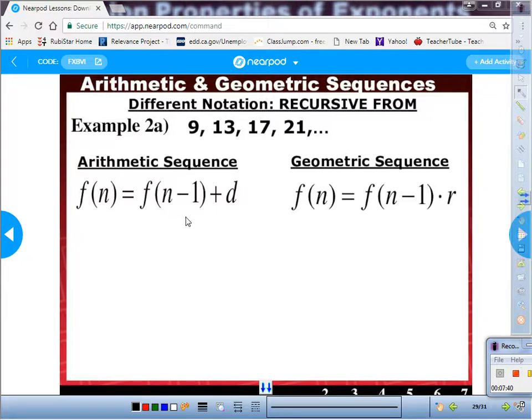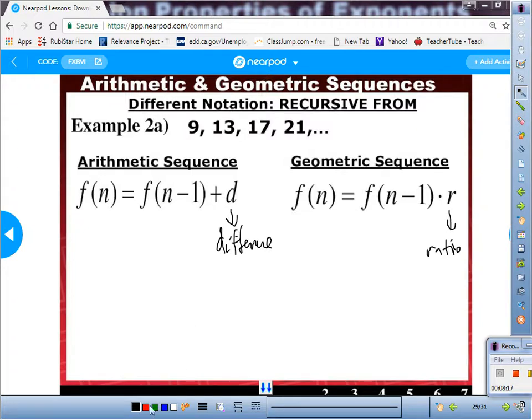Why plus d? Because it's either adding or subtracting a number. What does the d stand for? It stands for difference. For geometric, it's f of n equals f of n minus 1 times r. What does the r stand for? For ratio, because we're multiplying times a certain ratio.